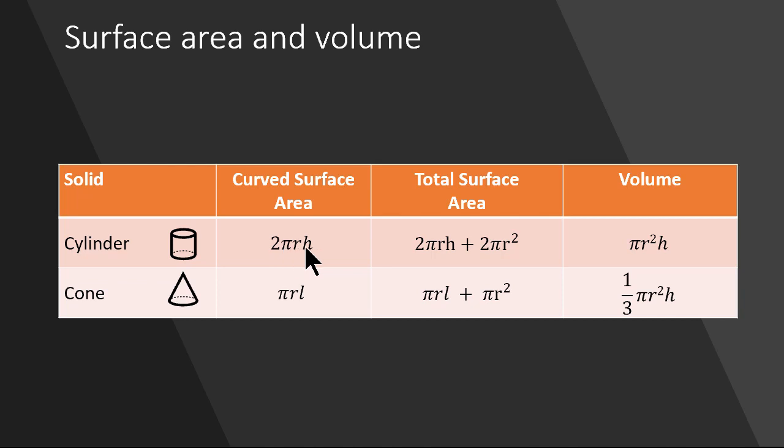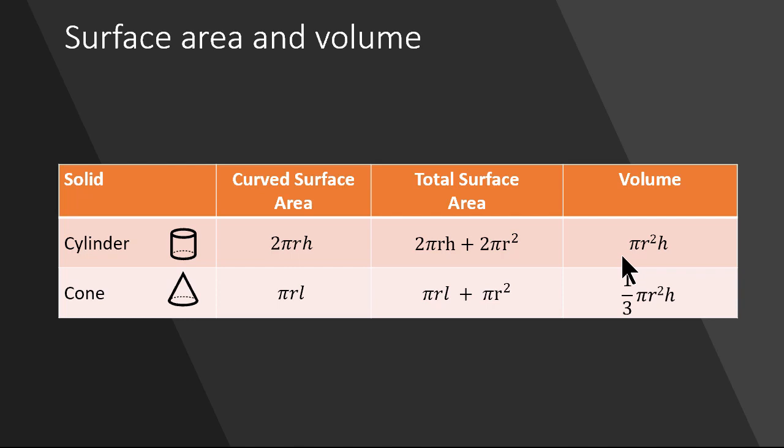What's the total surface area? You have to add the area of the base and the top, which is pi r square for the base and pi r square for the top, effectively 2 pi r square. So the area becomes 2 pi rh plus 2 pi r square.